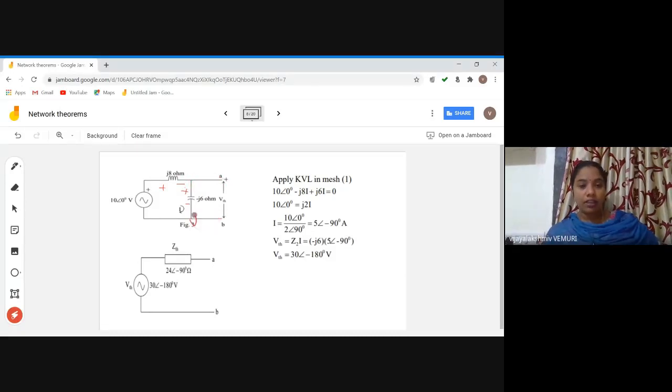That means if I can find the drop across this minus J6 ohms, that is nothing but the voltage across the open circuited terminals. Even though the terminals are open, the voltage between these two terminals is due to the current flowing through this J6, because there is a drop here and this is connected in parallel to this open circuit.